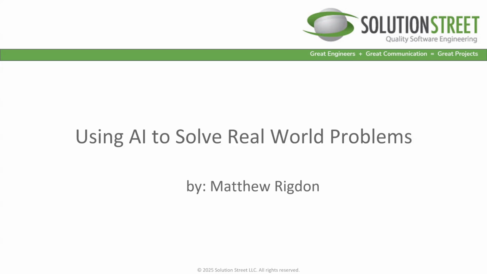While the examples in here are generally relatively simple because of the timeline and the ability to get through it in an hour, the concepts I'm going to go over and the kinds of problems I solve are things that I have personally used AI to assist with. So I'm hoping that this is useful and realistic-ish as best as it can be.